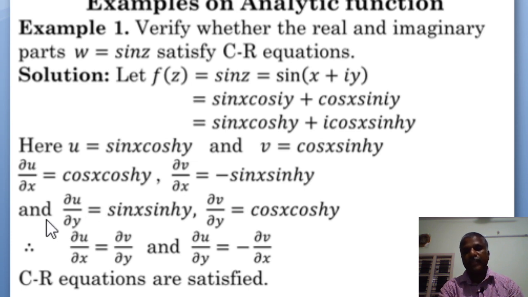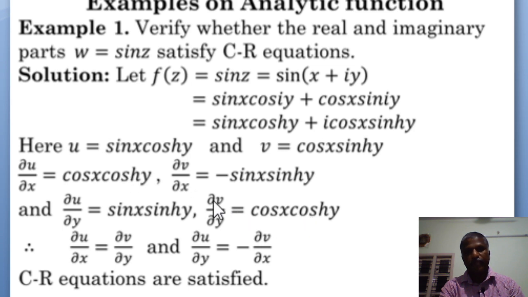And similarly find the partial derivative with respect to y: ∂u/∂y is the differentiation of cosh y, which is sinh y, so sin x sinh y. ∂v/∂y is the differentiation of sinh y, which is cosh y, so cos x cosh y.